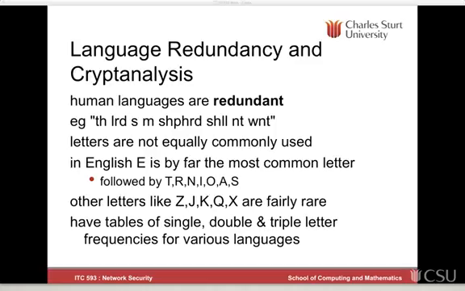Here vowels were removed, but they are not the only redundancy in written language. The letters, there is an example: TH, LR, DSM, SMP, something like this.